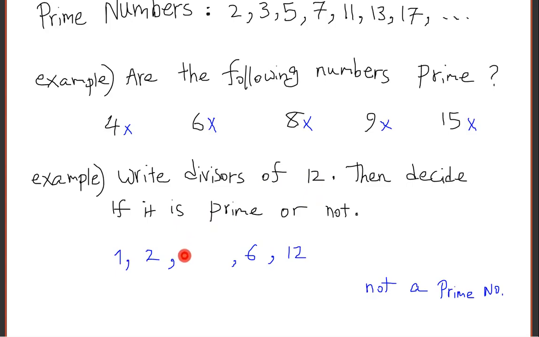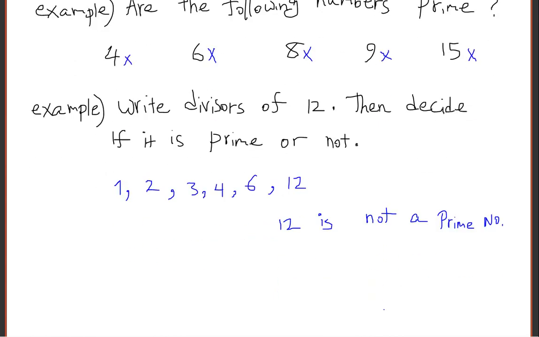It is divisible by 3, and therefore 3 and 4 come together, and nothing else. For example, 12 is not divisible by 5 or 7. These are all the divisors of 12, and because we have more than 2 divisors, 12 is not a prime number.